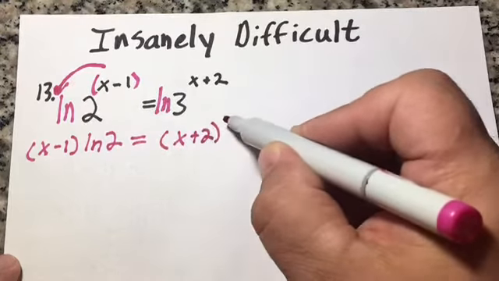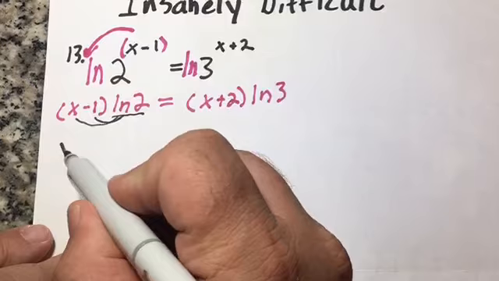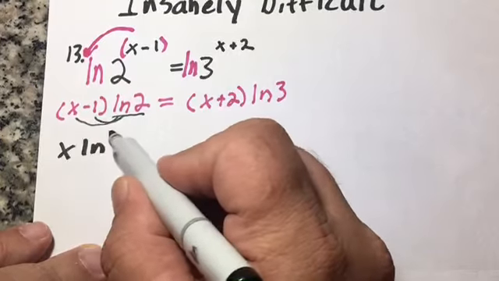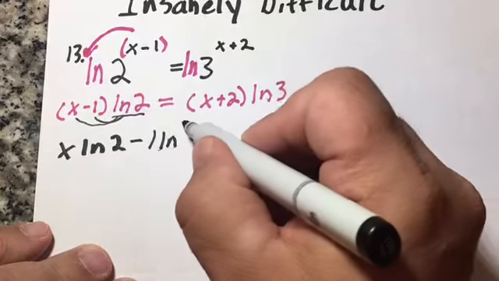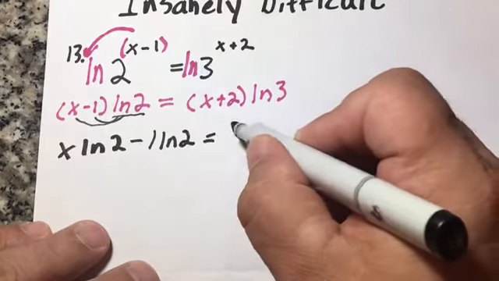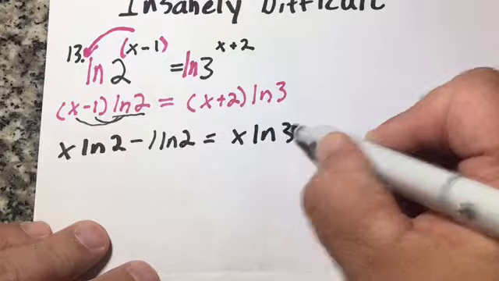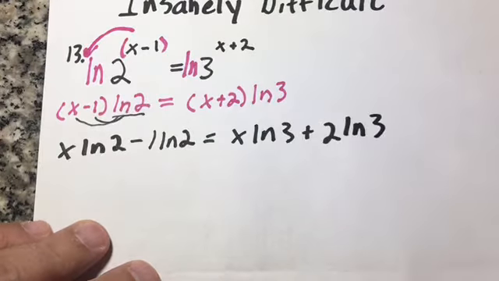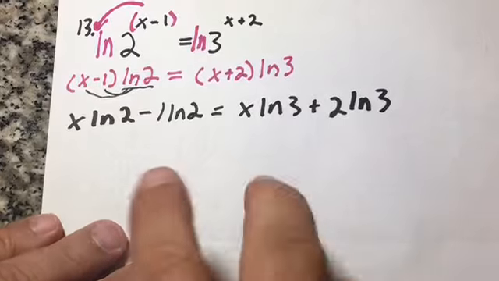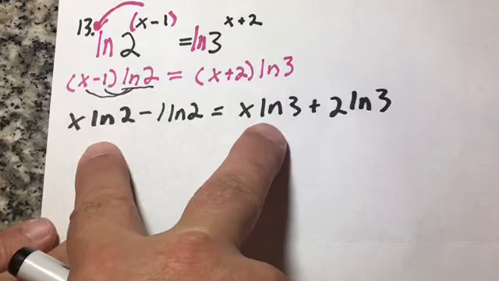I have to continue. I'm going to distribute the ln2 across the x minus 1. So that's going to give me x ln2 minus 1 ln2 equals x ln3 plus 2 ln3. I want to group the x's on one side.